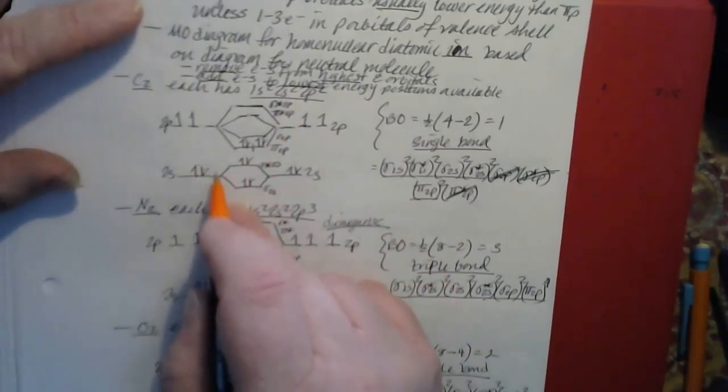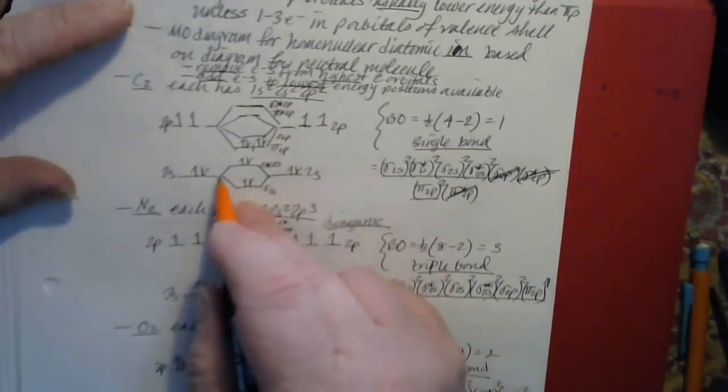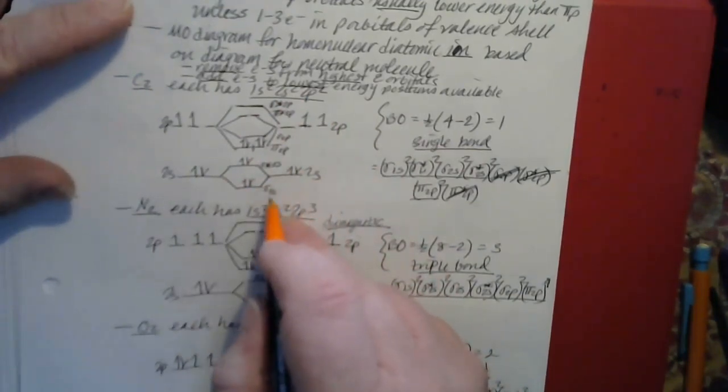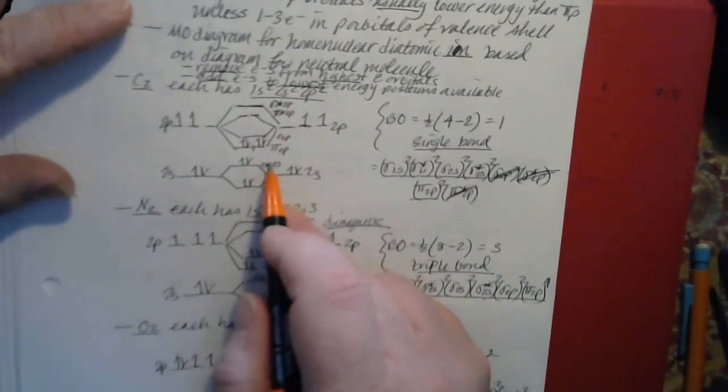So you've got 2s2 for the carbon on the left and 2s2 for the carbon on the right. When they come together, they form a sigma 2s bonding molecular orbital and a sigma star 2s antibonding orbital. And you've got 4 electrons, so that's enough to fill the bonding orbital and the antibonding orbital. So they're all filled.